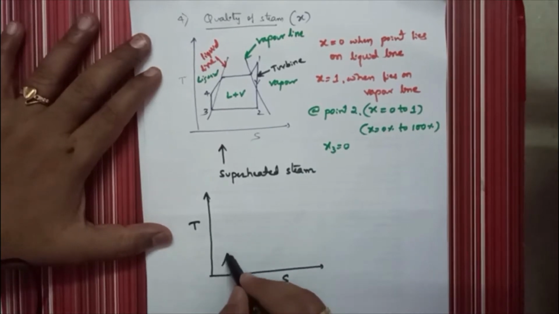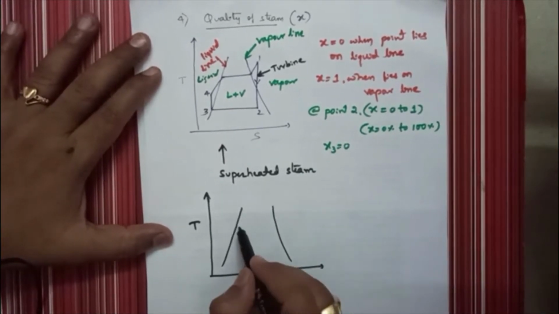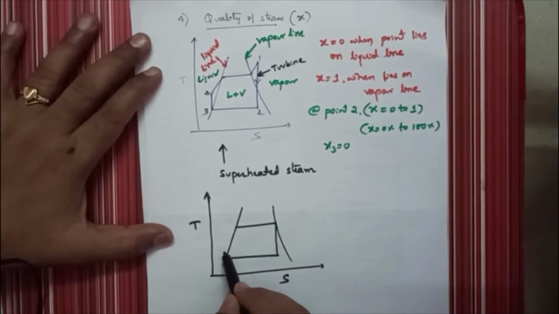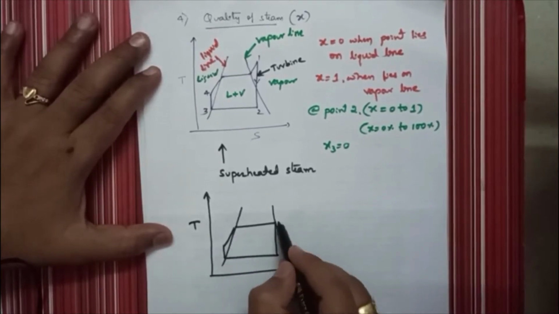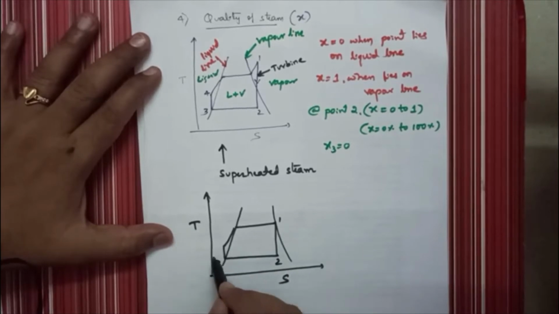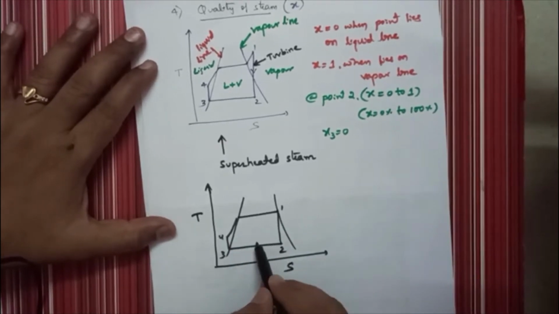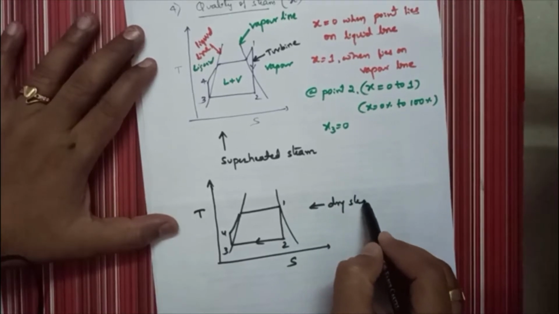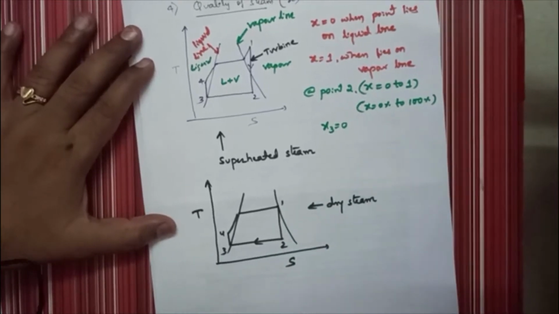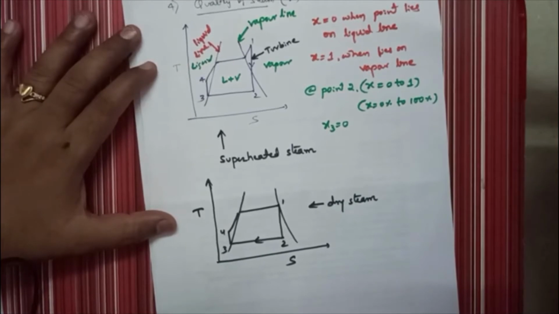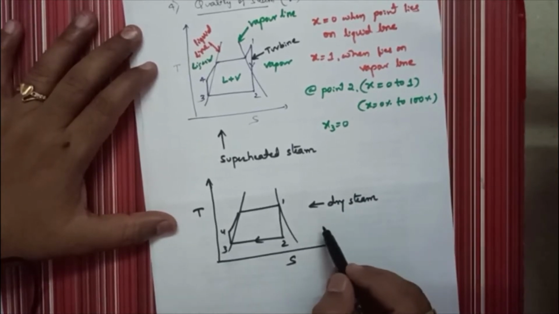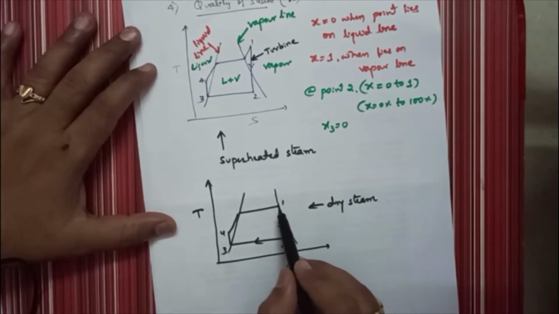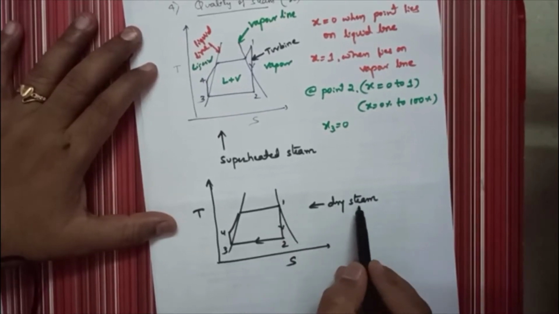So now I will draw one TS diagram. This is the TS diagram of dry steam. In the numericals, the given data will be given like this: the steam which is inlet to the turbine is a dry steam.